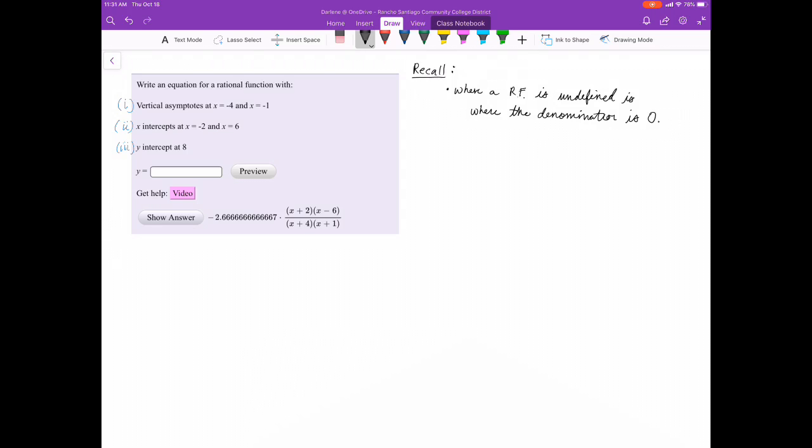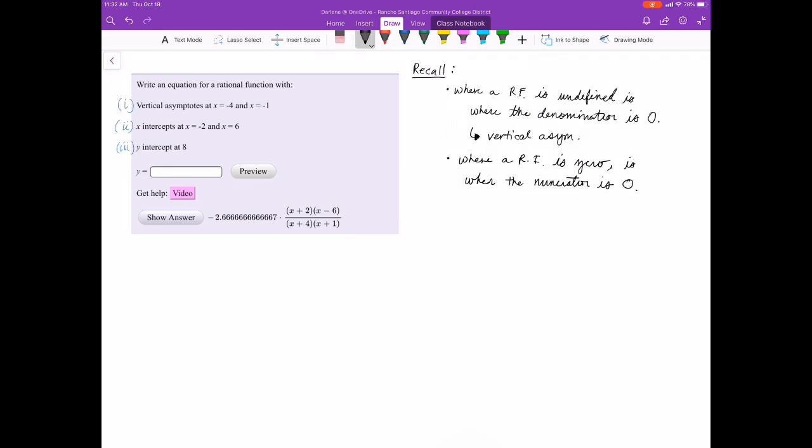And where this is undefined, it means there's vertical asymptotes. Okay. The second piece of information is where a rational function is 0 is when the numerator is 0.